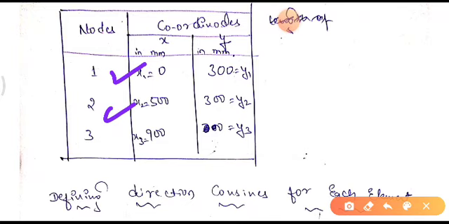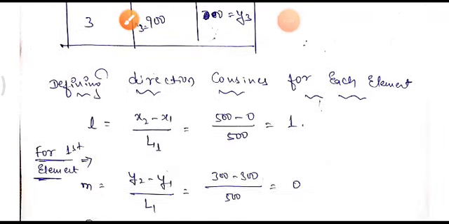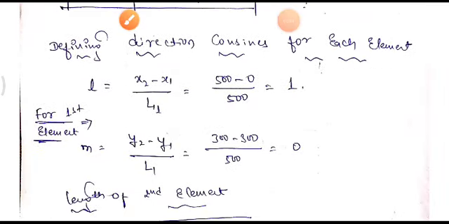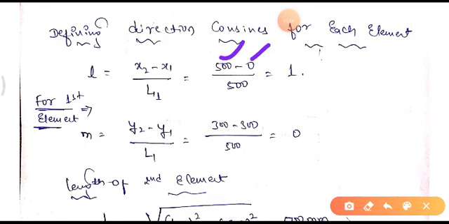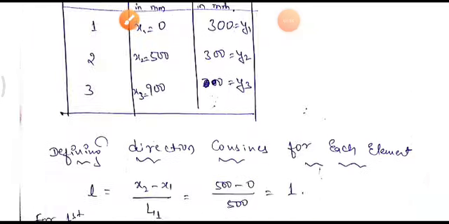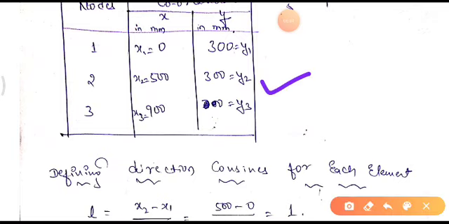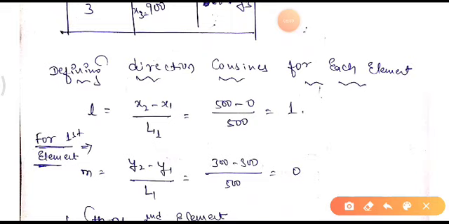So x2 minus x1 is 500 minus 0 divided by the length of the element, which is 500, so we get 1. Similarly, y2 minus y1 is 300 minus 300, which gives 0. So we got the answers here.